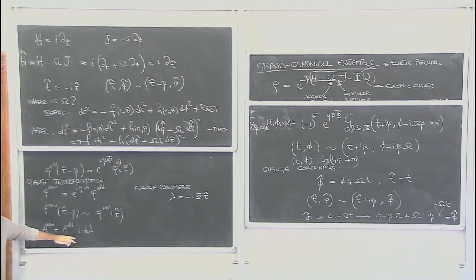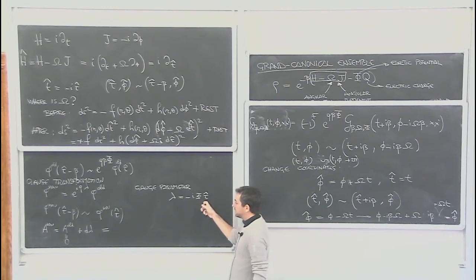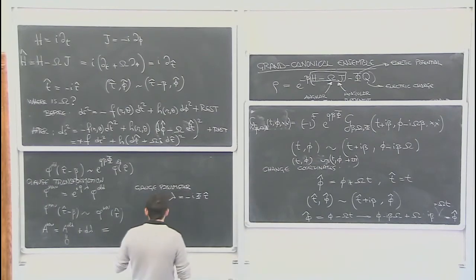Now, A old was 0. We didn't have any gauge field before the gauge transformation. But the new gauge field will not be 0 because we have D lambda. And since the gauge parameter depends on tau hat, we will have d tau hat there. So the new gauge field will be minus i phi d tau hat.